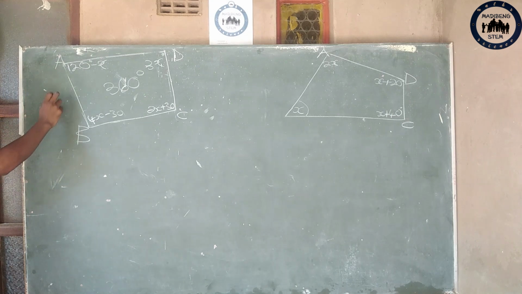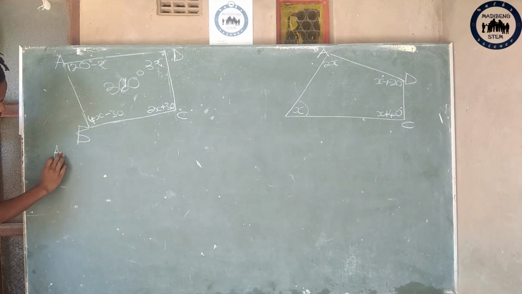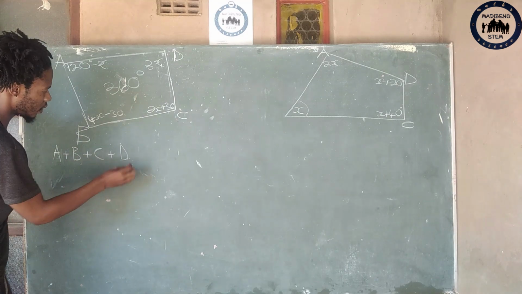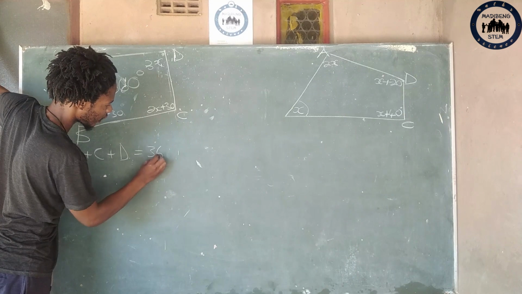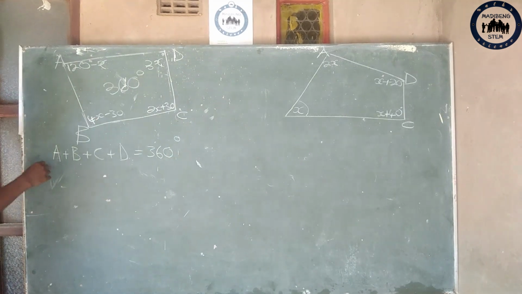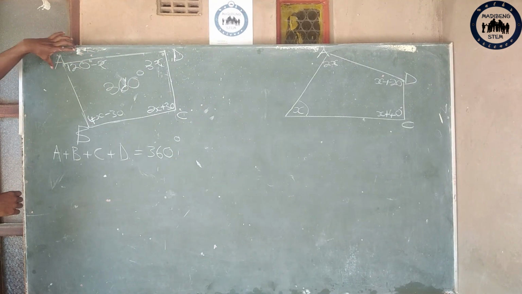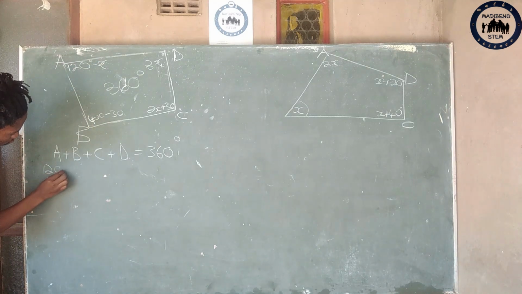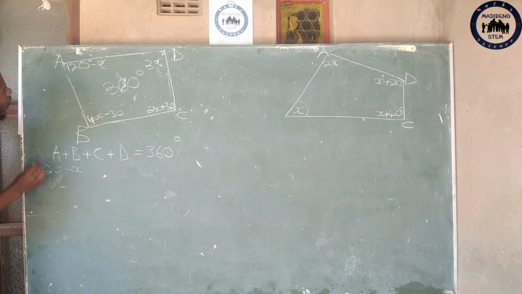So here is A, the sum of the quadrilateral, A plus B plus C plus D is equal to 360 degrees. So let's substitute our angles. What is angle A? Angle A is 120 minus x.